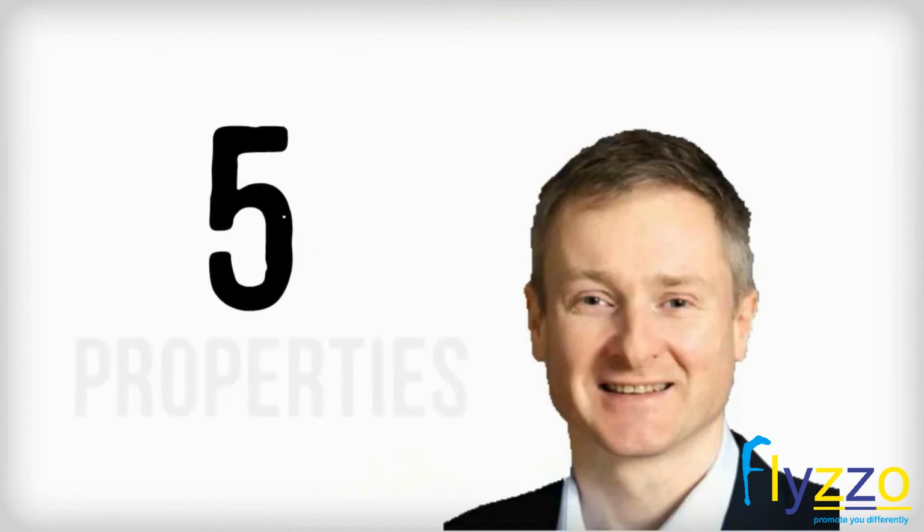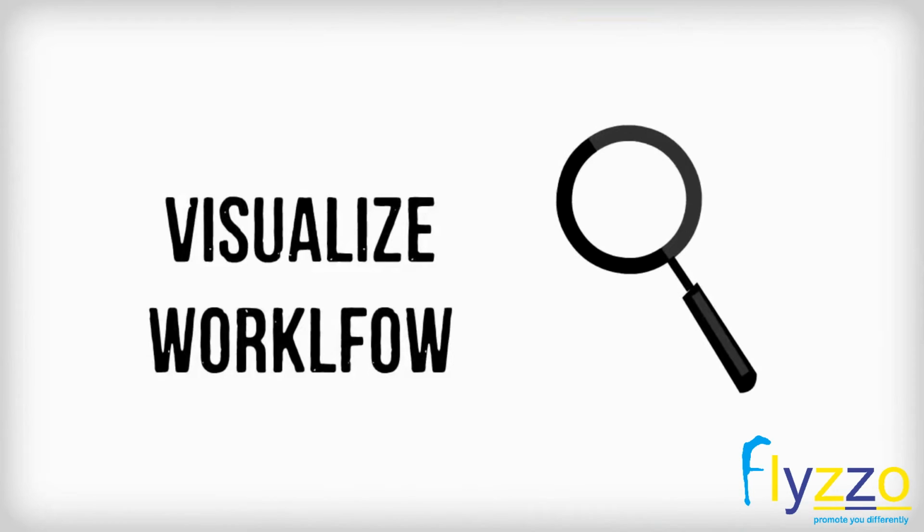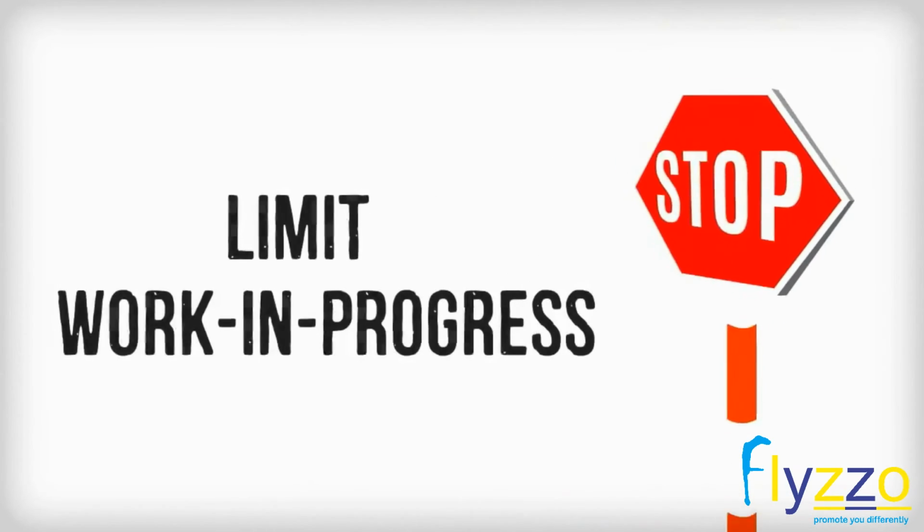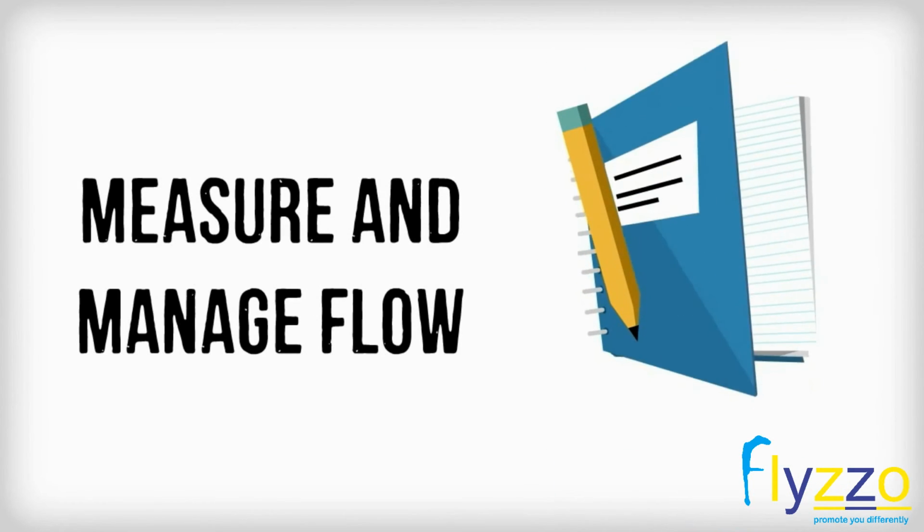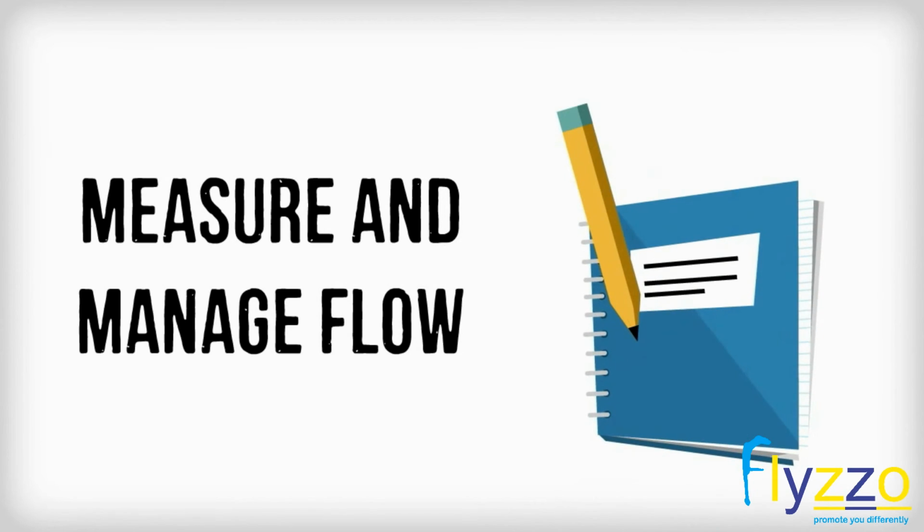The 5 core properties he describes are: visualize the workflow. This makes it easy to see how work is progressing. Limit work in progress. Therefore, there is a limit to the amount of work in process at any one time, aided by a pull system. Measure and manage flow. This means constant reevaluation of the workflow so we can change it when necessary.